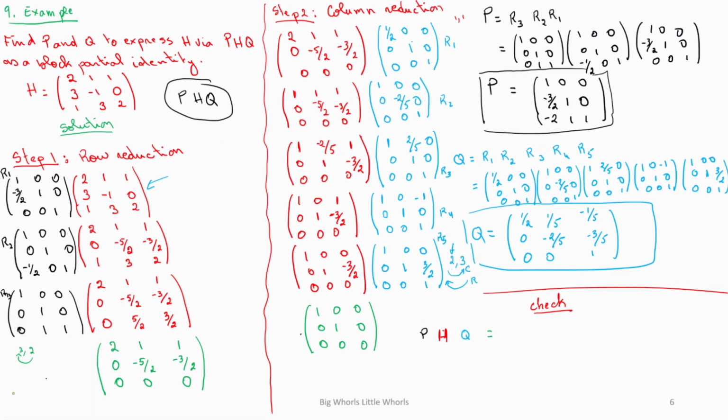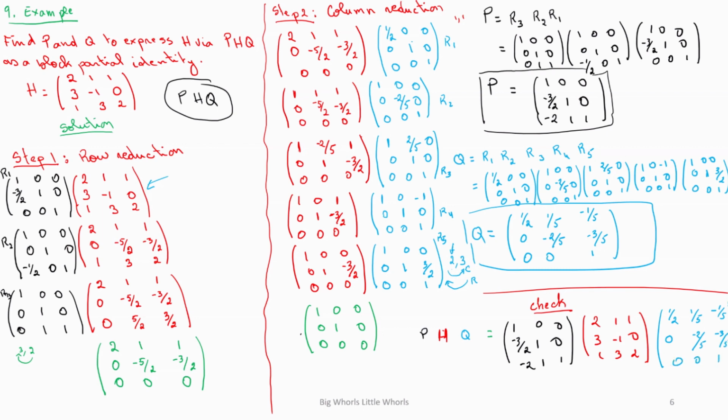We have our P, which is 1 0 0, minus 3 over 2 1 0, minus 2 1 1, followed by our H, which is 2 1 1 3, minus 1 0 1 3 2, then followed by our Q, which is a half, a fifth, minus a fifth, followed by 0, minus 2 fifths, minus 3 fifths, 0 0 1.